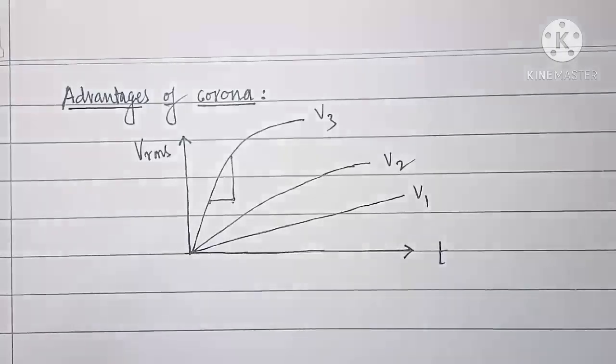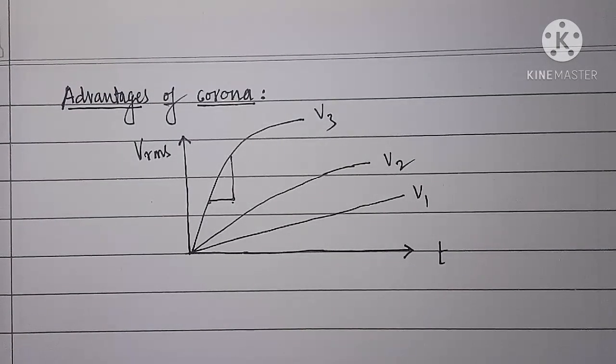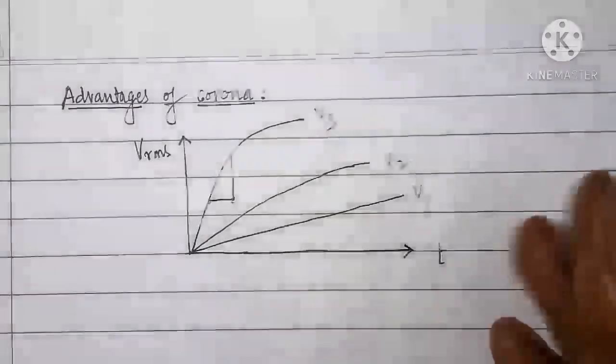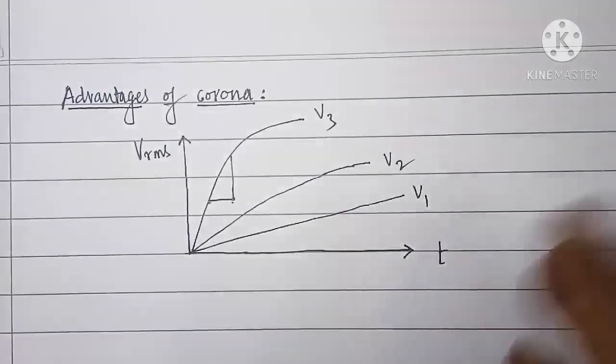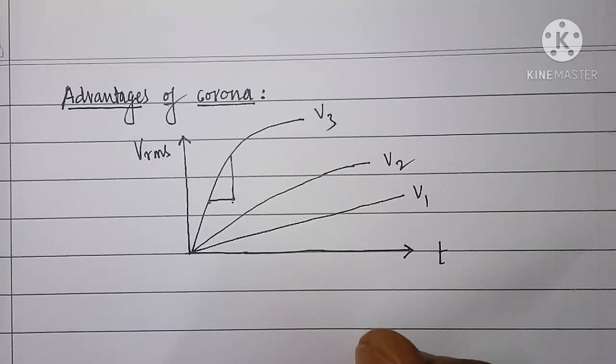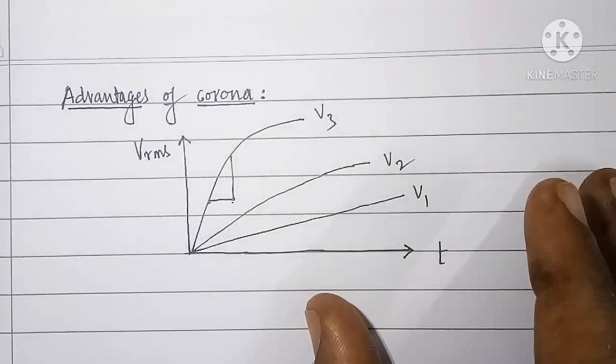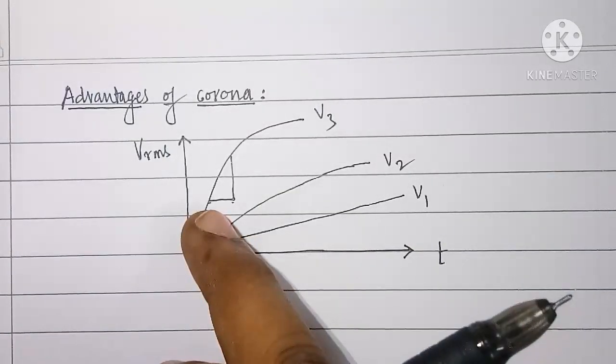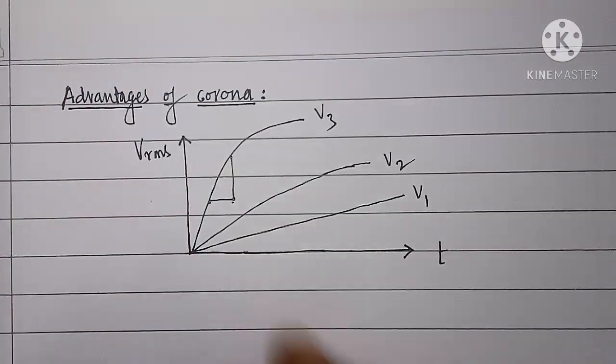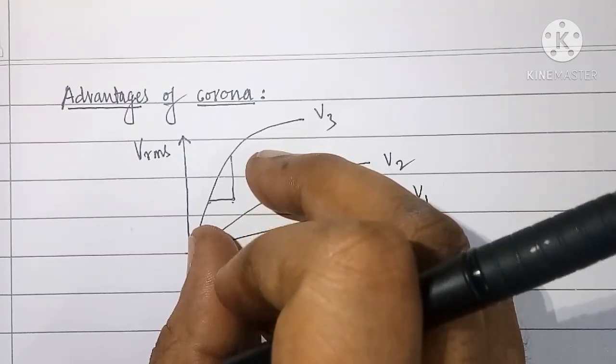Such voltages are very dangerous for appliances and for other components of the power system. It may be a line insulator, an insulator used in transformers, in circuit breakers, or any other component. Wherever insulation is there, such voltages prove very dangerous because they can puncture the insulation.